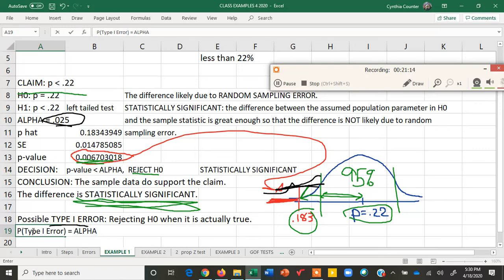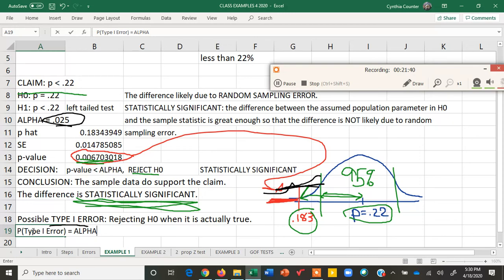We consider that to be a more serious error than type 2. So we want something small enough to decrease the chances of making a type 1 error. Okay, we want to decrease our chances of claiming statistical significance when there was really random sampling error. Okay, looks statistically significant, but it was actually due to random sampling error, okay, type 1 error.